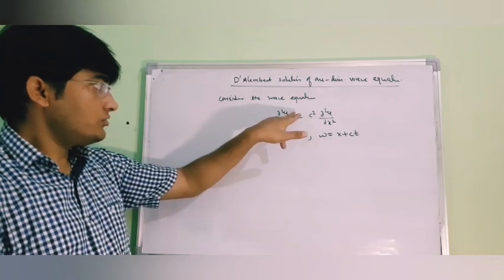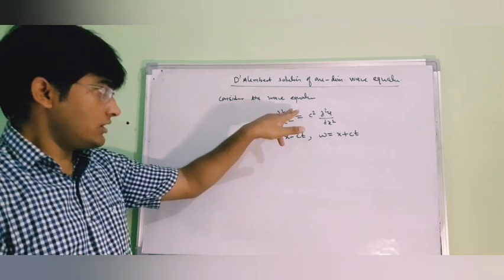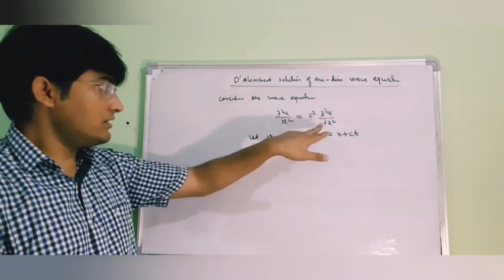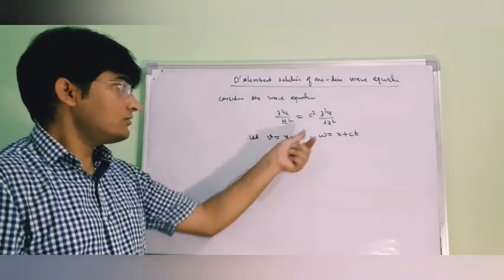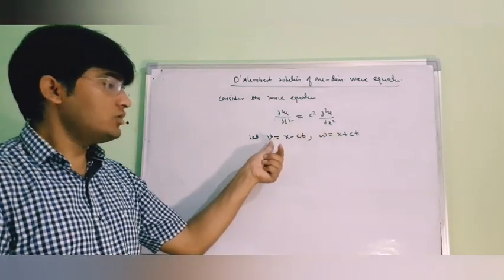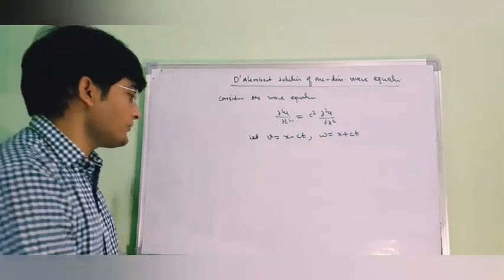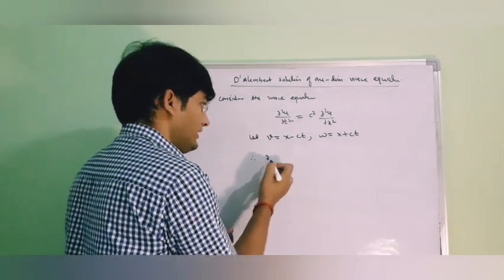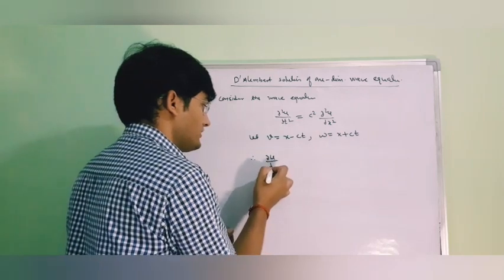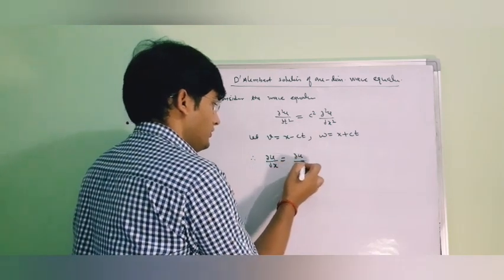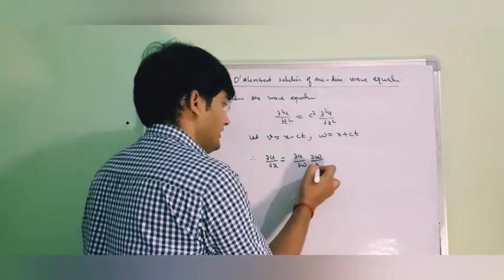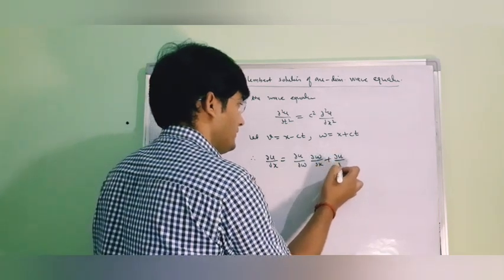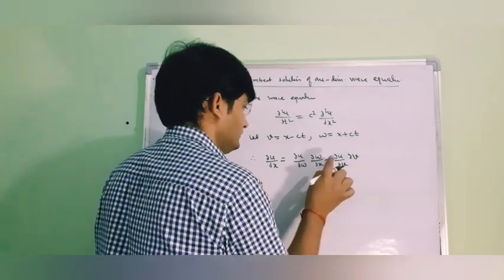Earlier our u was a function of x and t. Now we are converting these x and t into the new variables v and w. So therefore del u upon del x will be del u upon del w into del w upon del x, then del u upon del v into del v upon del x.